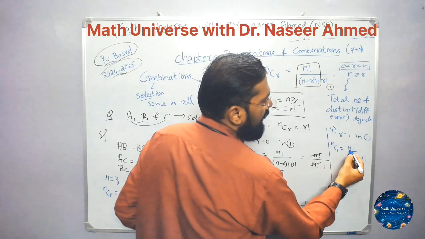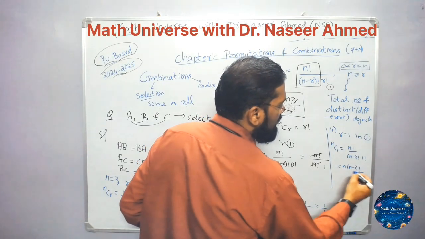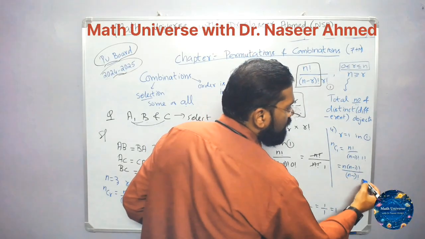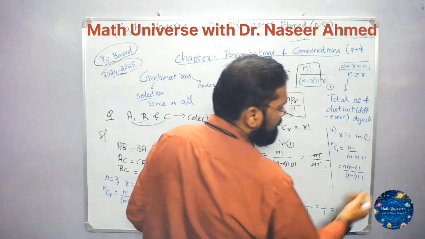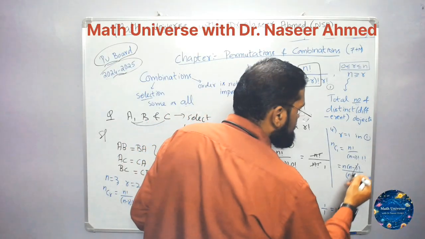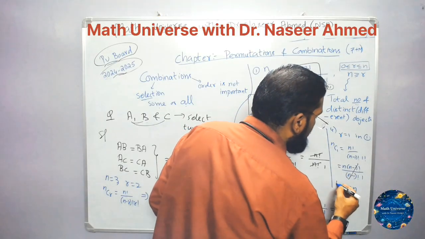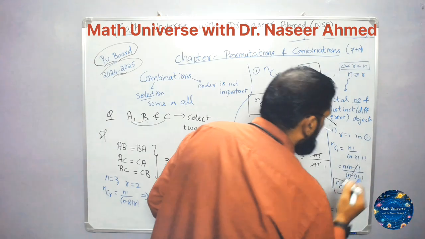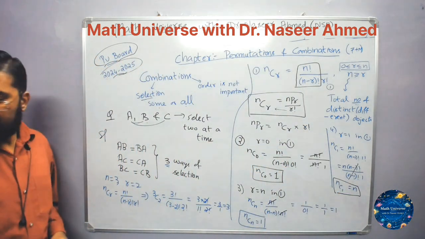I can write the numerator n factorial as n into (n minus 1) factorial, divided by (n minus 1) factorial as it is, into 1 factorial, which is 1. Something will get cancelled. n by 1 is n. Therefore, nC1 is n. First, make a note of this.